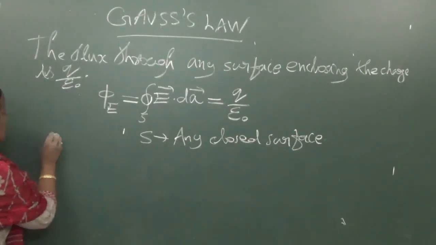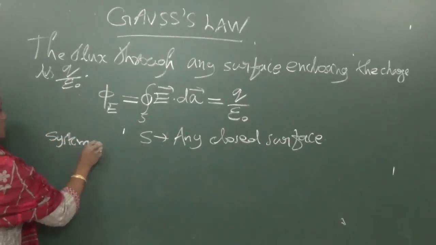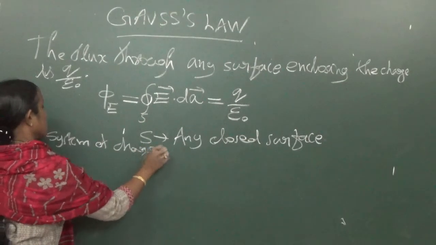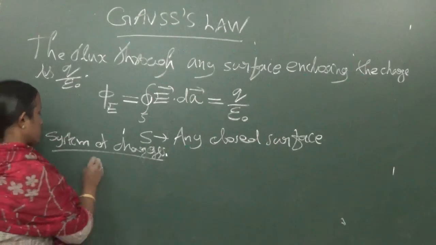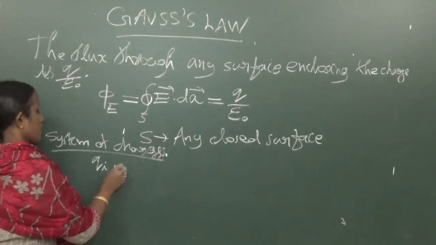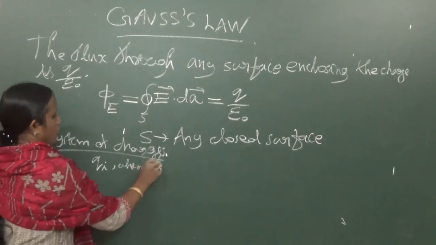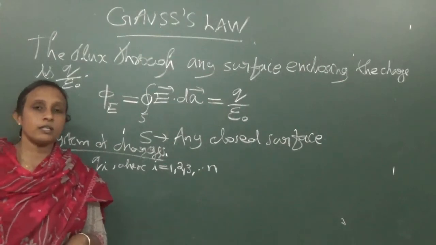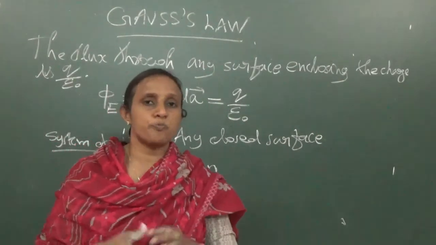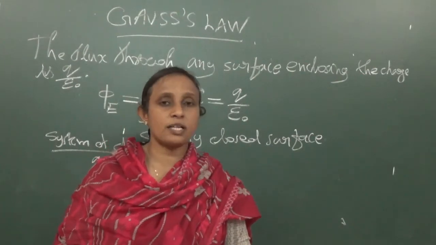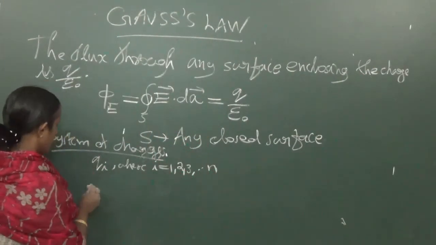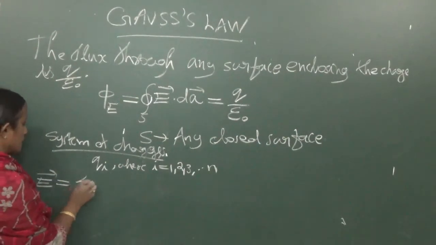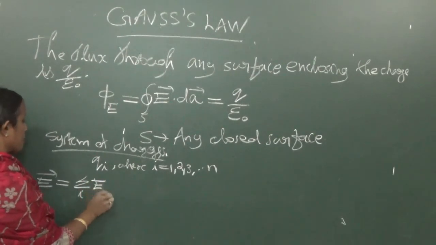Now, suppose there is a system of charges, not a single charge but a bunch of charges Qi, where i equals 1, 2, 3, up to n. Then we already learned that using the principle of superposition, you can find the resultant electric field, which is given by sigma i Ei.